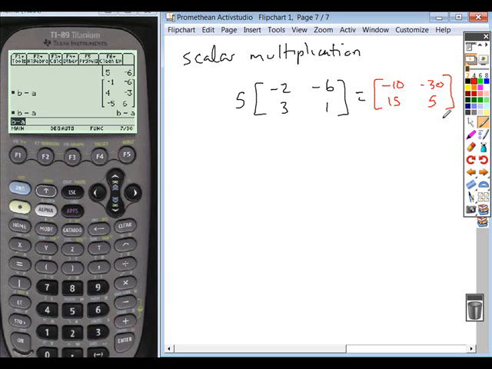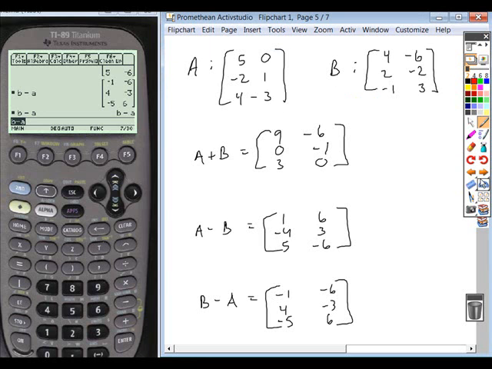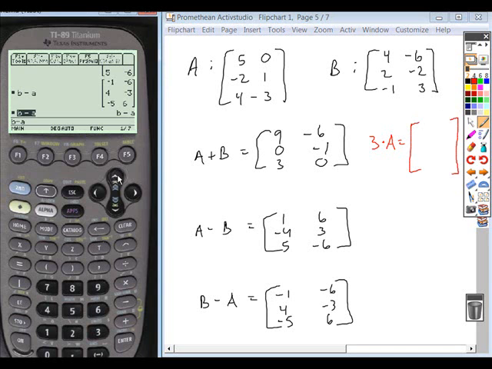Okay, so what I would like you to do is, just really quickly, I want you to identify what is 3A in this case. Again, you can do it by hand if you want to.